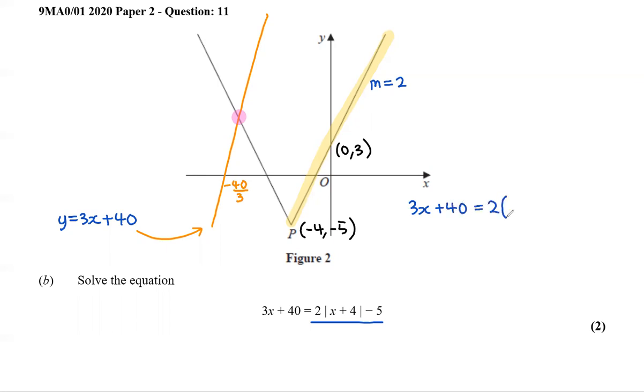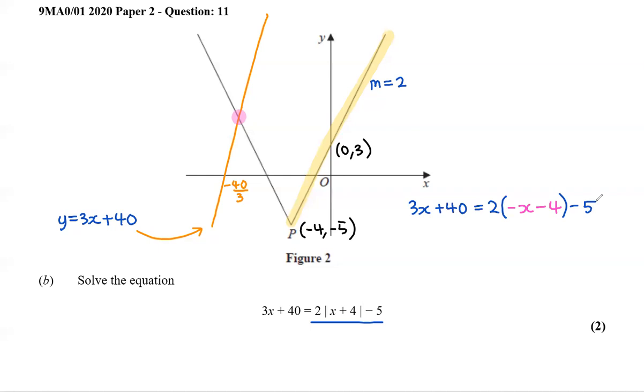Now, I can remove the modulus sign, and because it's the negative branch, it has to have a gradient of negative 2. So everything inside the modulus will now be multiplied by minus 1. Okay, because the modulus will make everything x plus 4. And then we subtract 5. That's one way to do it.